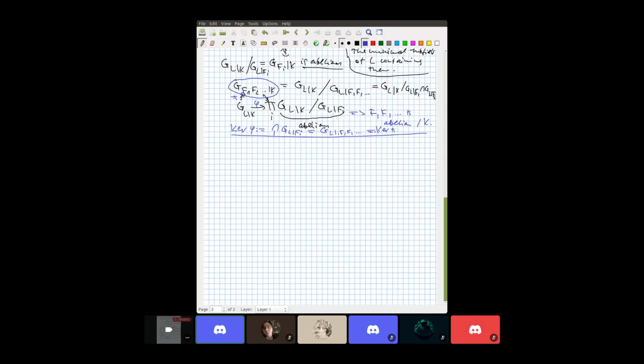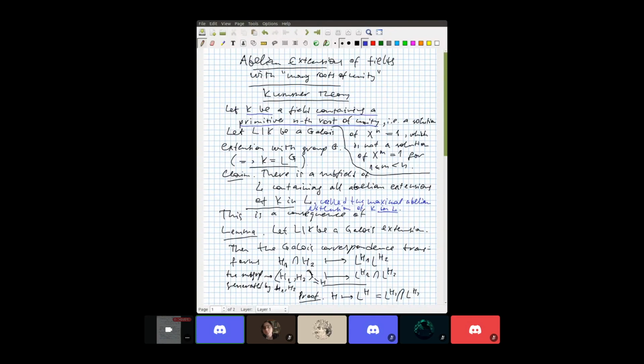Okay, and let me write the following map. So we have fixed some n. So n is an integer. Maybe n equal to 1 is not that interesting, but just an integer.